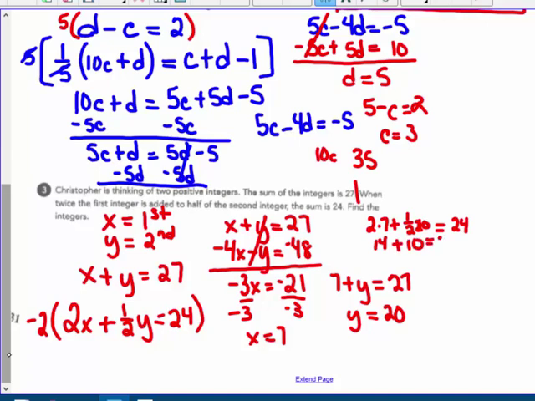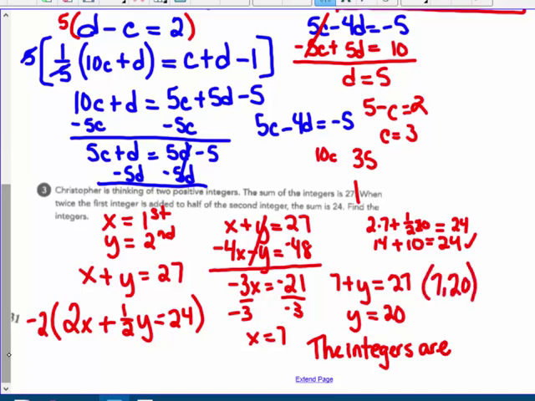Well, yeah, that is 24. So I'm checking it, works in both equations. Find the integers. The integers, getting a nice answer, because this is word problems. The integers are 7 and 20. That's my solution, 7 and 20.